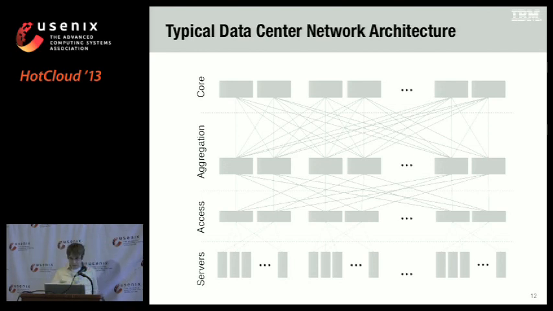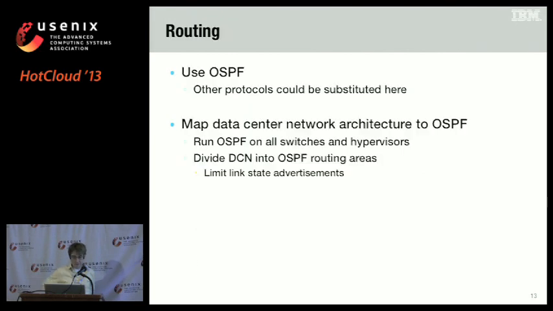And so when we think about routing, if these are all switches, if we turn all those into routers, this is kind of what we want to do, right? So the idea is, why don't we use a routing protocol like OSPF?